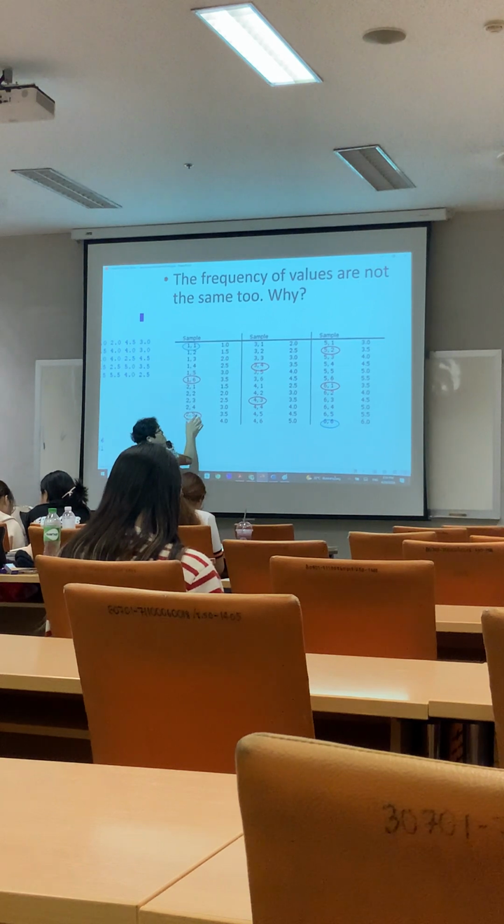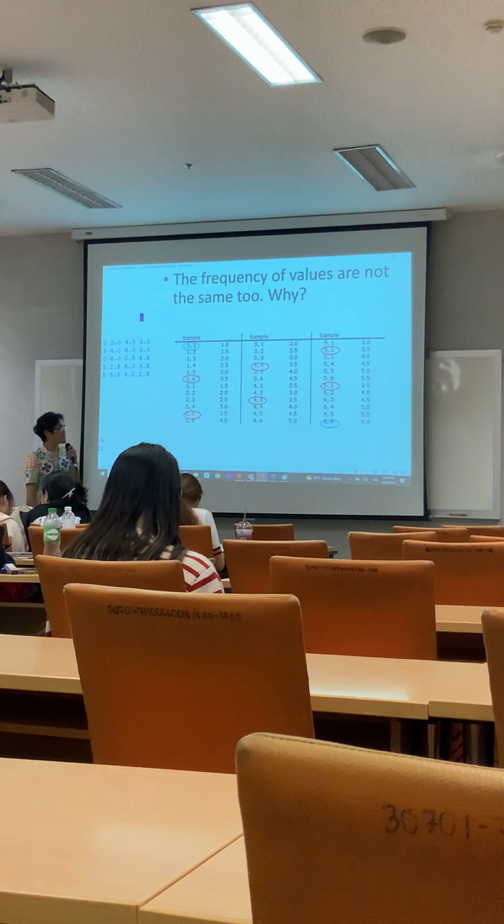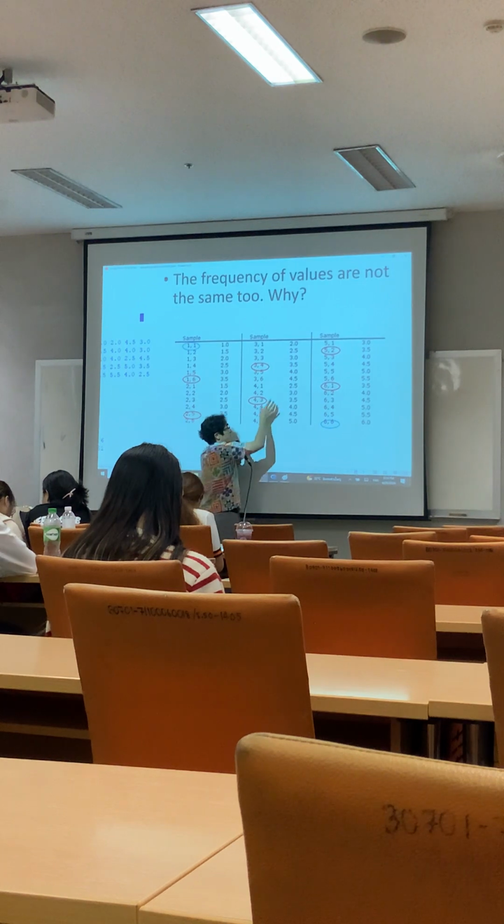The first column tells you the possible 36 outcomes of throwing 2 dice. What is the second column? The second column tells us the sample mean if you observe 1, 1; 1, 2; 1, 3. This is the sample mean from these 36 possible outcomes.